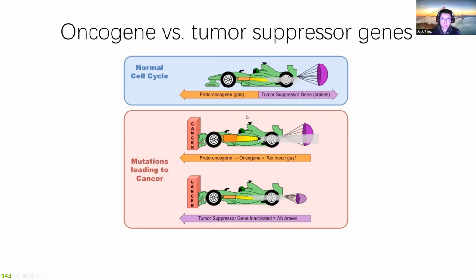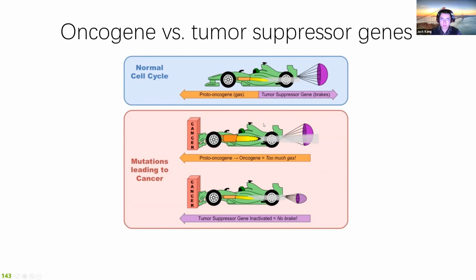However, in the cancer setting, there are two possible mechanisms that could lead to cancer. The first is that there could be some gain of function happening in your proto-oncogenes, and it will become an oncogene.